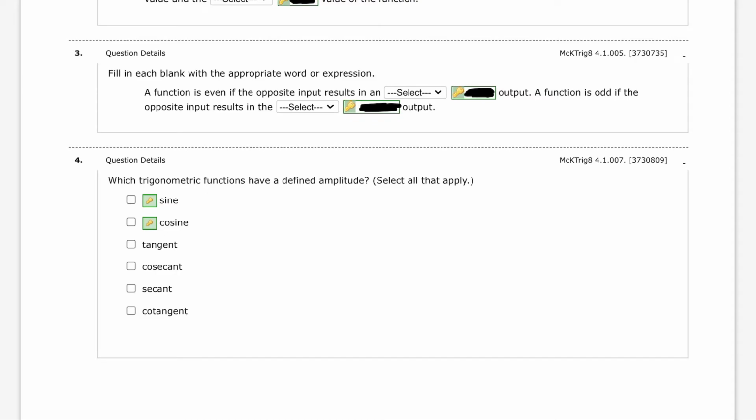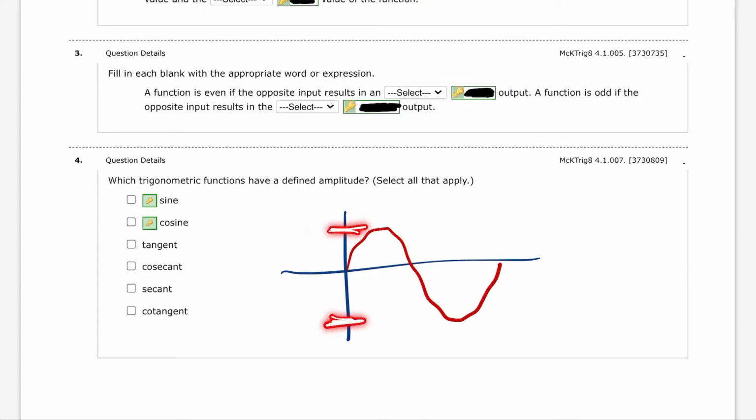So the amplitude of a function is how high the function reaches at the top and how low it goes. So the amplitude is half the distance between this highest value and the lowest value. So the max minus the min, absolute value of that actually, because the amplitude is always positive.